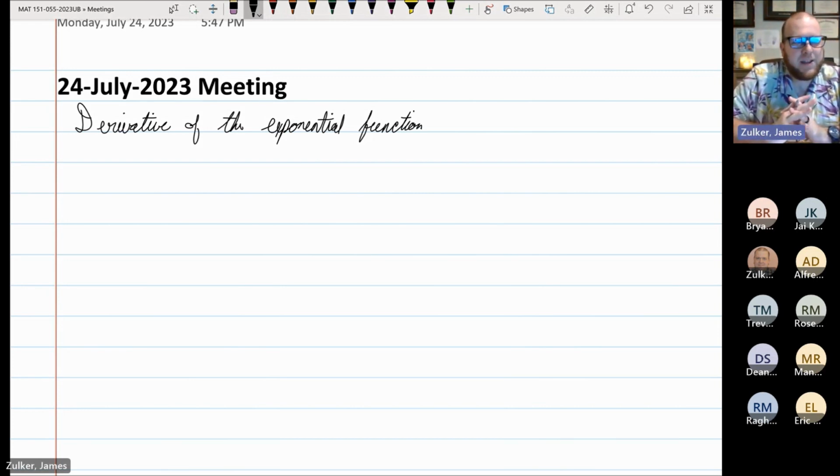Okay, so the derivative of the exponential function. Remember, the exponential function is any function of the form b to the x, where b is a non-unitary real number greater than 0.